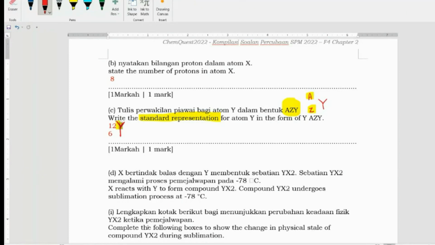Okay, cikgu tanya seorang lagi. Jonathan, what do you think?